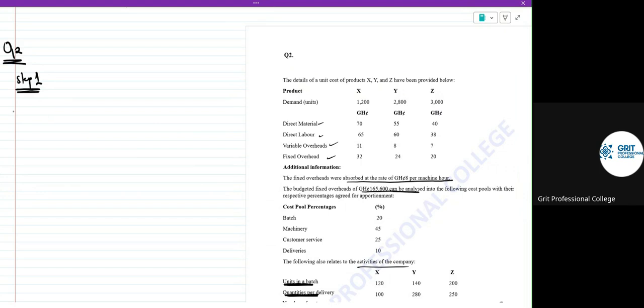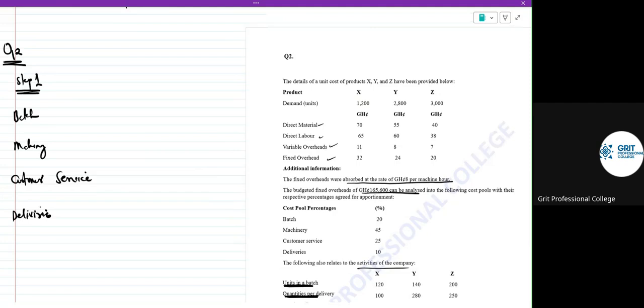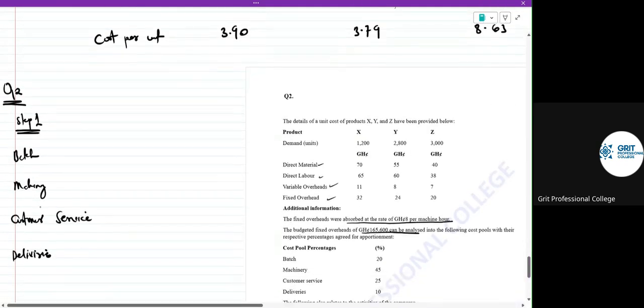We have batch, machinery, customer service, and then deliveries.